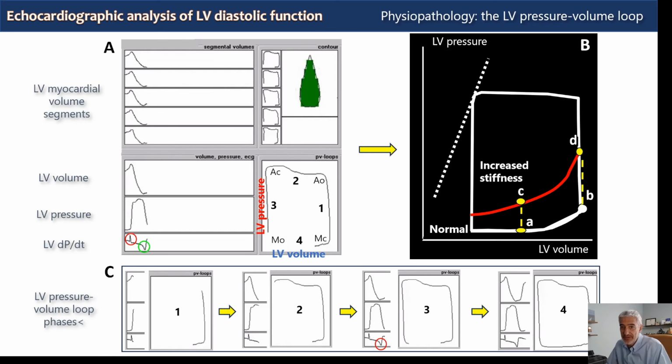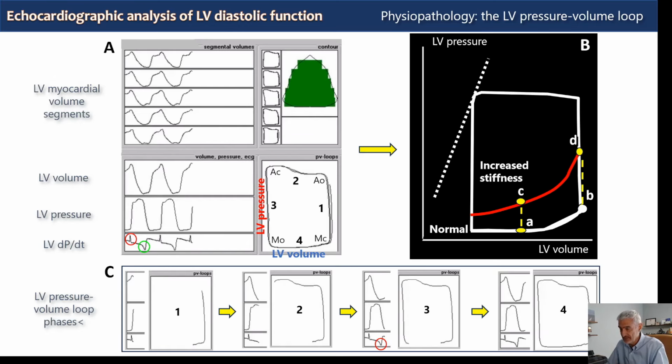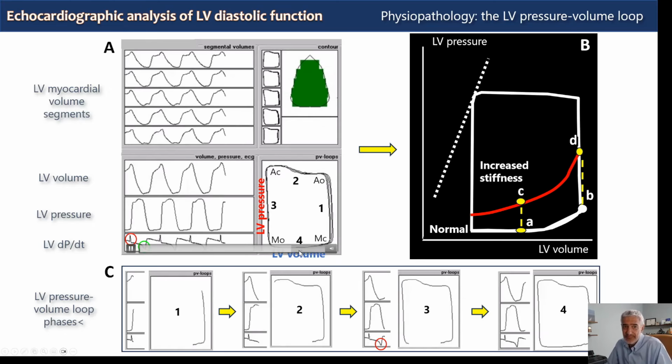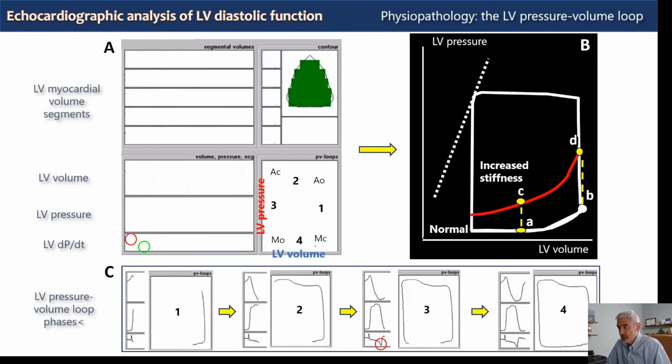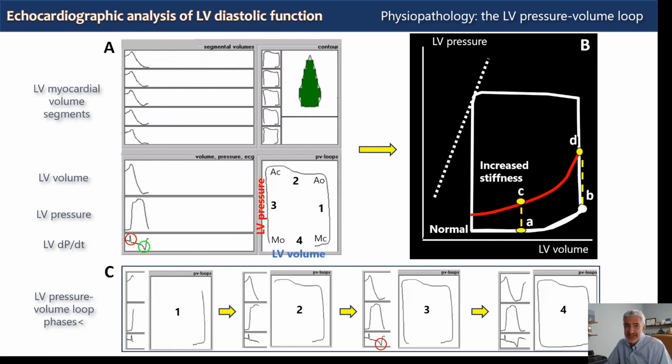What we are doing with our echocardiographic measurements is to try to estimate by approximation the invasive parameters: the constant of compliance K, negative dP on dt, and tau. We want to know if they are abnormal, and to which extent. So, if relaxation is normal or abnormal, and if it is abnormal, to which extent. And of course also to estimate the filling pressures.